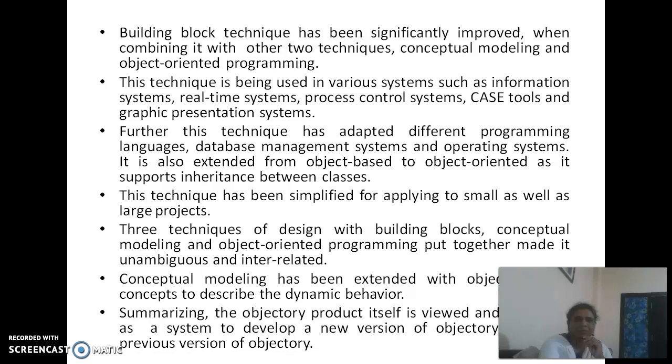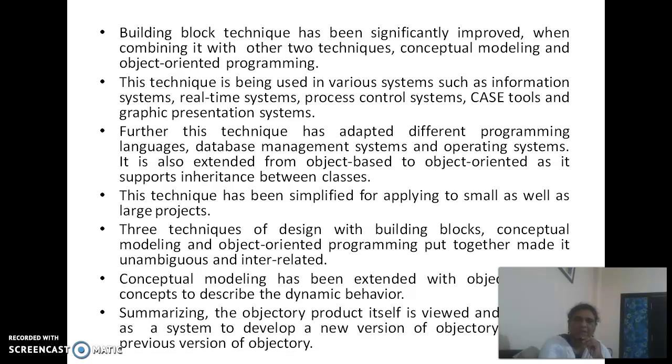The building block technique has been significantly improved when combining it with two other techniques: conceptual modeling and object-oriented programming. This technique is being used in various systems such as information systems, real-time systems, process control systems, case tools, and graphic presentation systems.